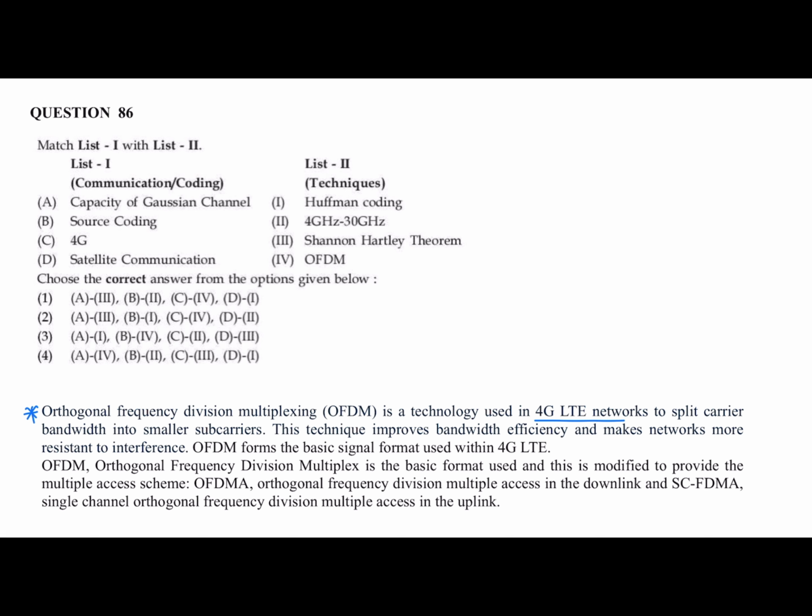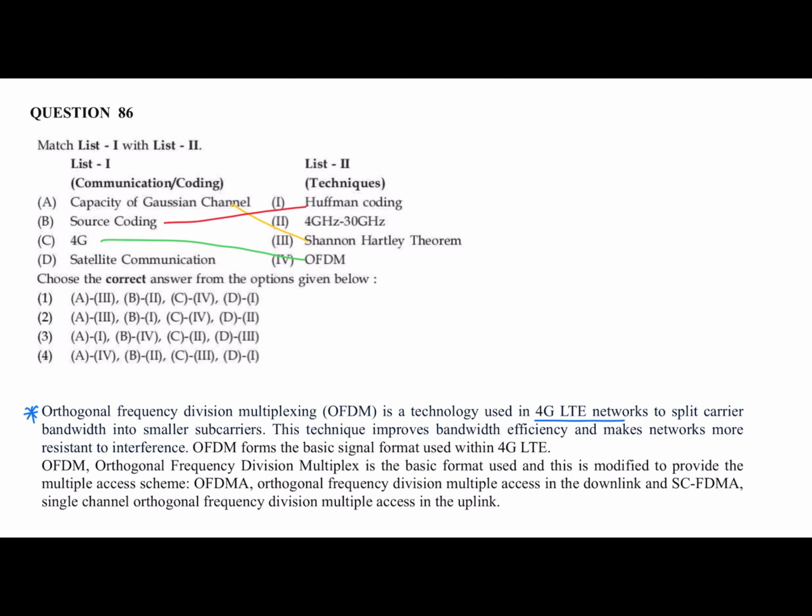Okay. Now, list 1 and list 2, we need to match. Capacity of Gaussian channel is Shannon-Hartley theorem. Source coding, Huffman coding. Huffman coding is an example of source coding. Next, 4G, fourth generation cellular systems use orthogonal frequency division multiplexing.